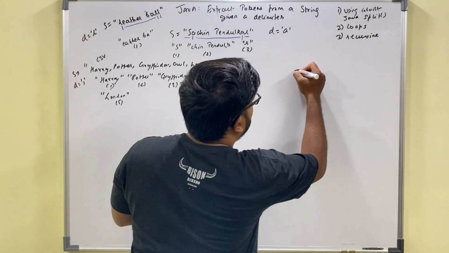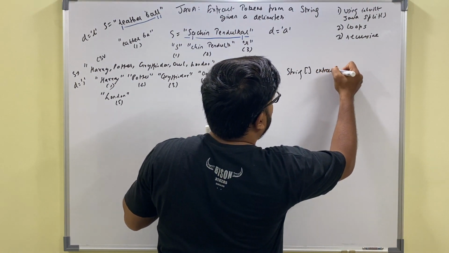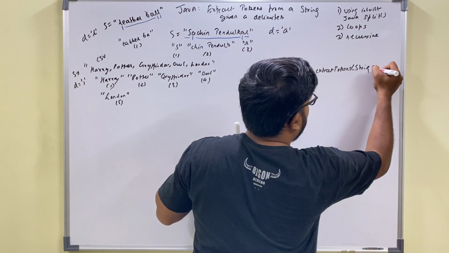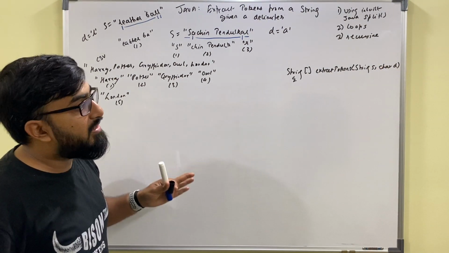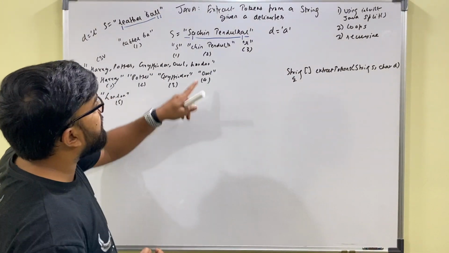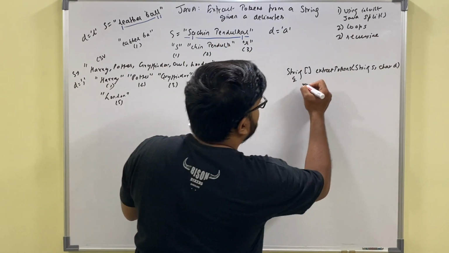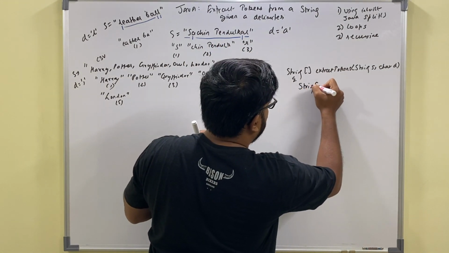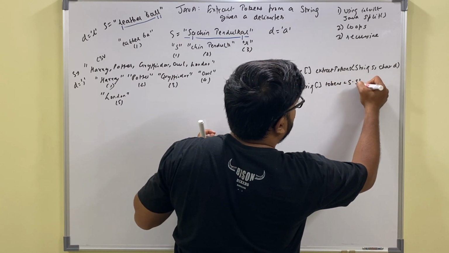I'll write a method: string extract tokens, which takes a string s and a character delimiter d. Split is an already defined function in the string class in Java. If you want to get these three tokens for this string and this delimiter, you simply say string tokens is equal to s dot split.